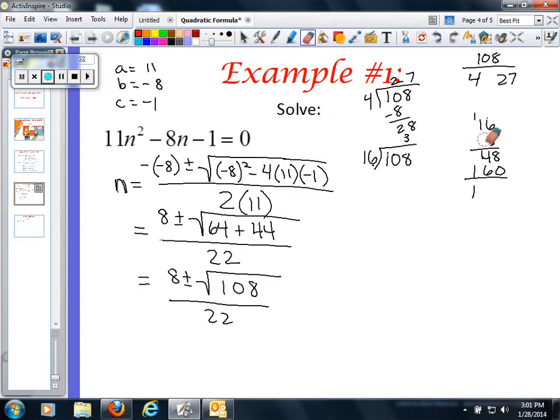So it's not 13. Let's just do it the long way then. You can use a calculator to do this, which would be a lot easier. I don't believe 16 is going to go into 108. It doesn't.